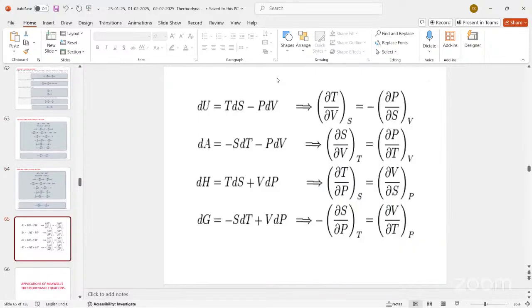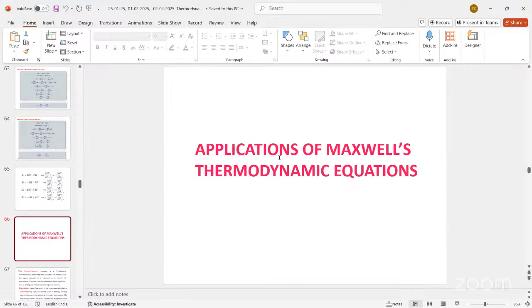These are the Maxwell relations with the four thermodynamic potentials, the final thermodynamic potential equations in relation to Maxwell's equations. Now, the applications of Maxwell's thermodynamic equations.